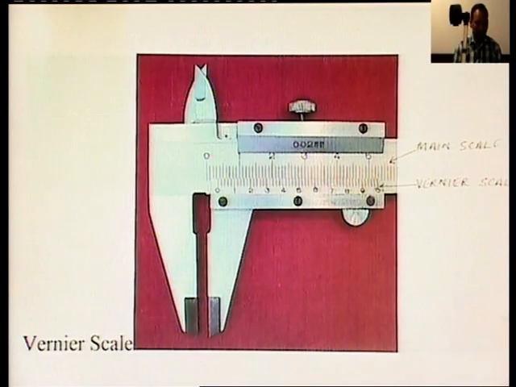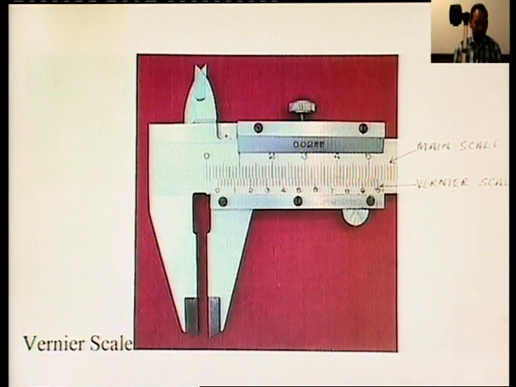Second, the accuracy of measurement depends upon the condition of the jaws. The jaws should be free from wear and other surface defects. There should not be any play between the sliding jaws and the main scale. There should be a sliding fit and smooth, free movement of the vernier scale on the main scale.